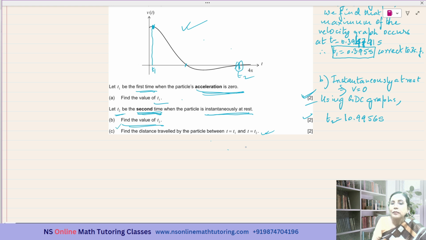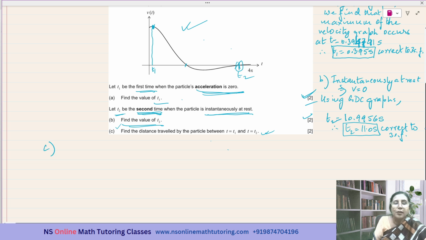Okay. Therefore, T2 is equal to 11.0 seconds correct to 3 significant figures. Okay.